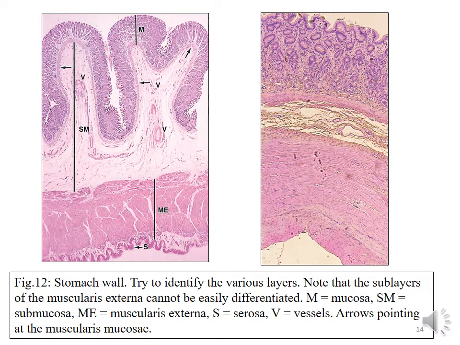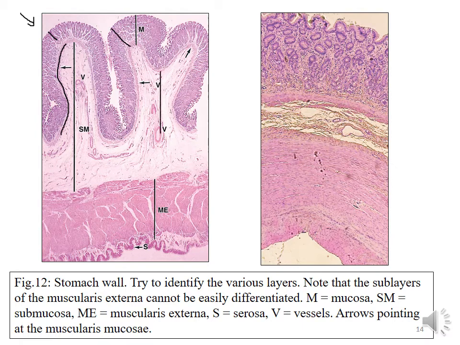These are two images of the wall of the stomach also. In this one on the left, this is the mucosa formed of epithelium. This is the epithelium, and everything that is whitish below and between the epithelial glands, this is the lamina propria, and this thin red line, this is the muscularis mucosae.